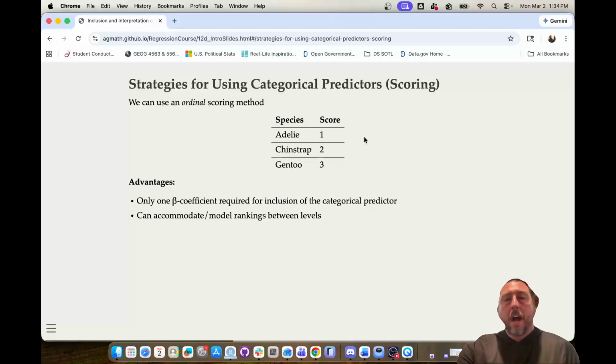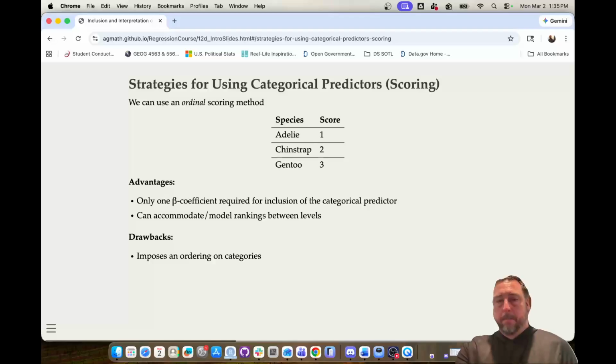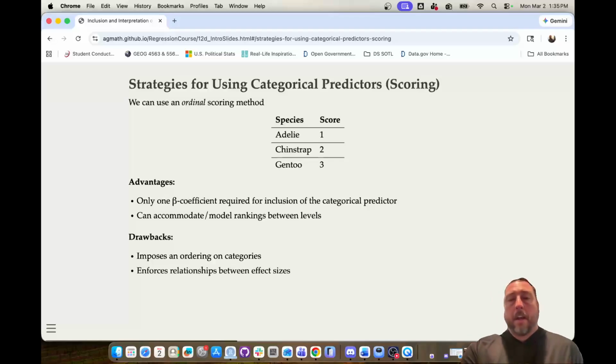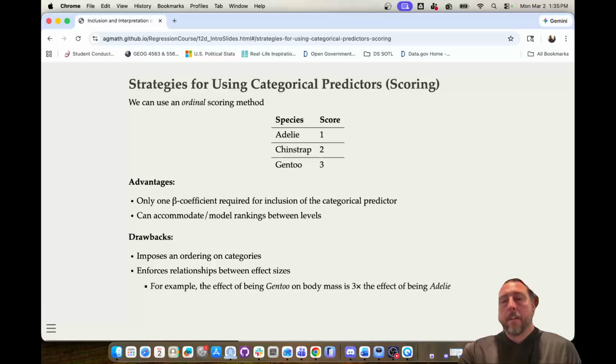This also can accommodate rankings between levels, but that advantage can also be a disadvantage because it imposes an ordering on the categories and enforces relationships between effect sizes. So in this scenario, the effect of being Gentoo on body mass, that score of 3, is 3 times the effect of being Adelie.